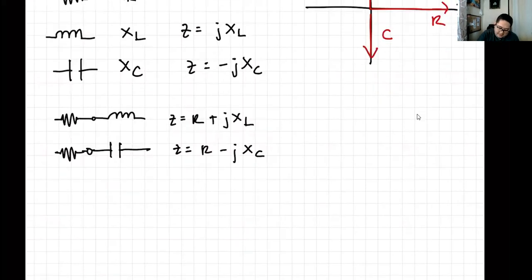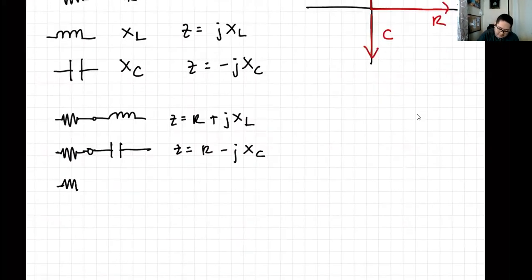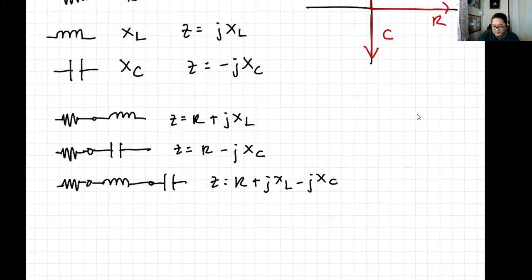Pero pwede din mangyari na magkakasama yung tatlo. And then, okay, so yung Z natin yan will be R plus JXL minus JXC. So, tingnan na lang kung alin yung mas malaki doon sa dalawa. Kung alin yung mag-govern, that will be your sign.